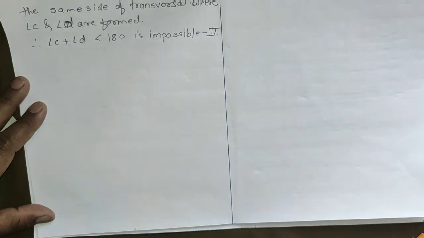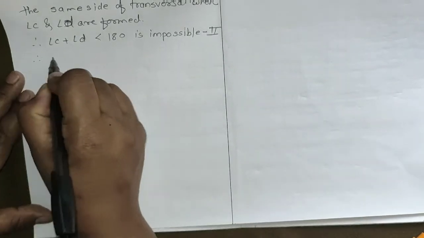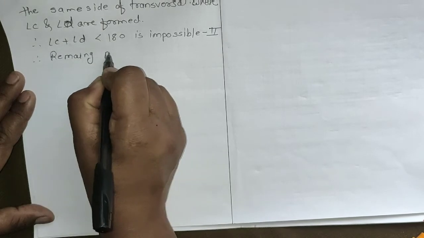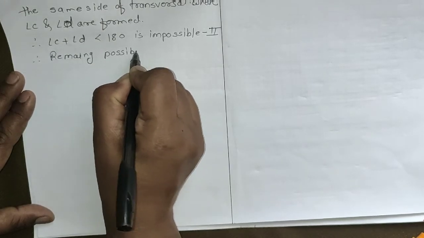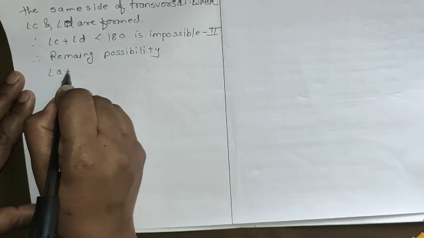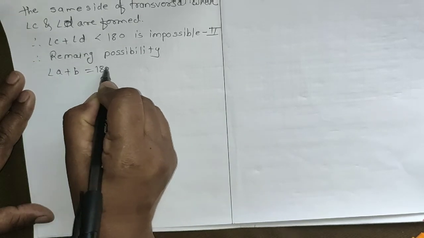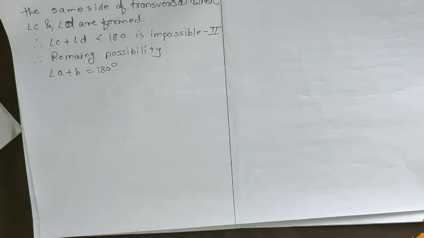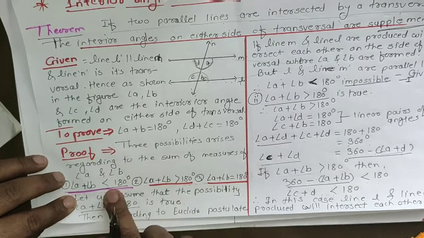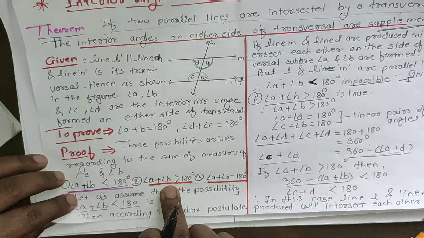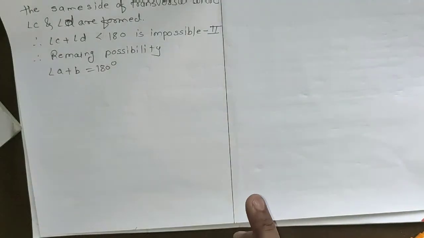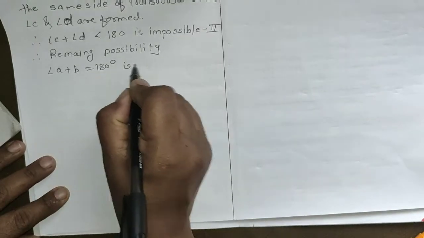Now what is the remaining possibility? The remaining possibility is that A plus B is equal to 180 degrees. This we proved, that was impossible, that was impossible. Now we took the third, that is A plus B is equal to 180. We will take it as true.